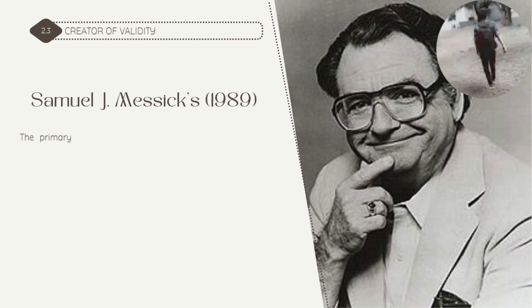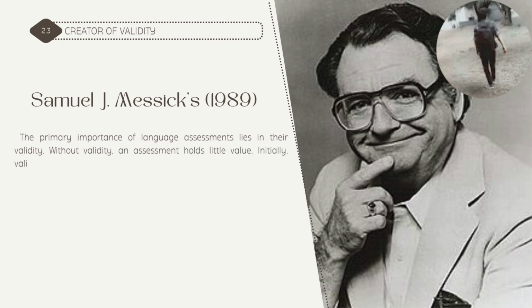The creator of validity is Samuel Messick, 1989. The primary importance of language assessment lies in its validity. Without validity, an assessment is of little value. Initially, validity was defined as the ability of an instrument to measure its intended target.